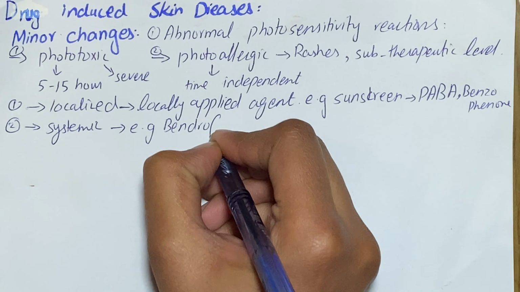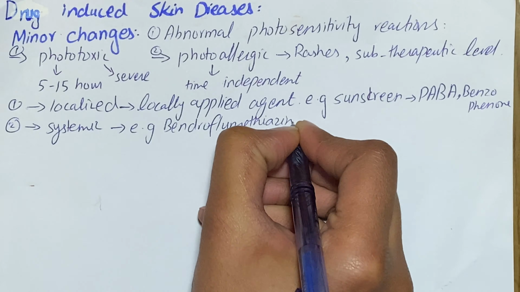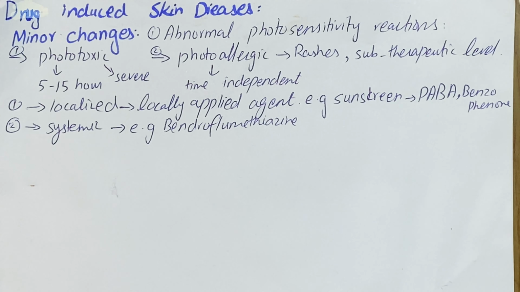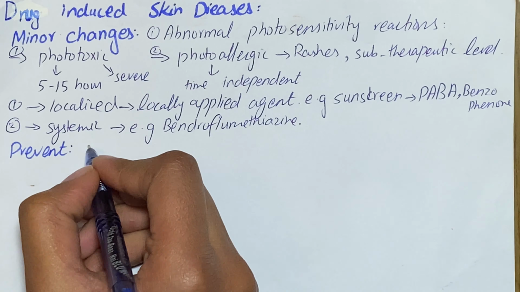And as it is present in all of your skin, all of your exposed areas of skin will have these kinds of reactions. An example of an agent that can cause these kinds of changes is benzoflumethiazine.